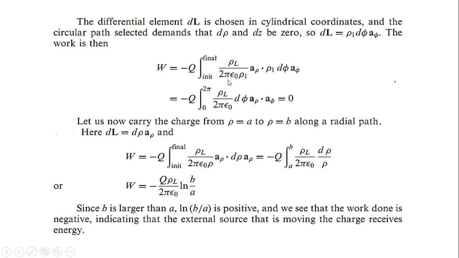We know that the electric field intensity due to an infinite line charge is rho L divided by 2 pi epsilon naught rho a rho, and dl is rho d phi a phi. So this is actually dl and this is actually E, and we know that a rho dot a phi is equal to 0. So this work turns out to be 0.